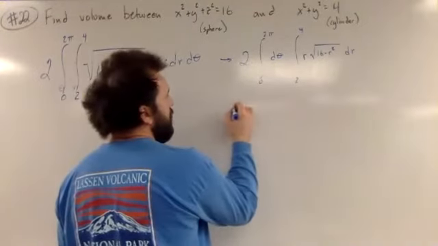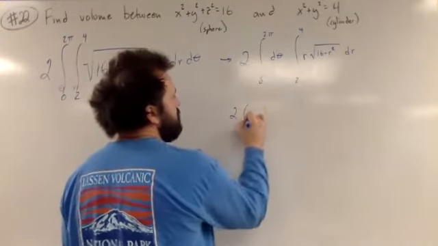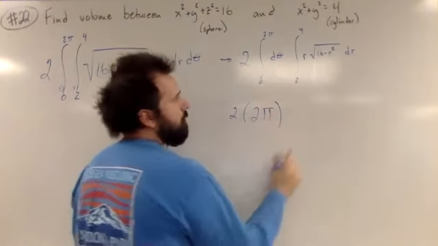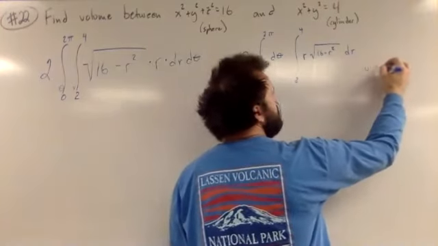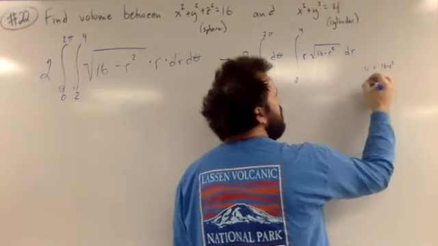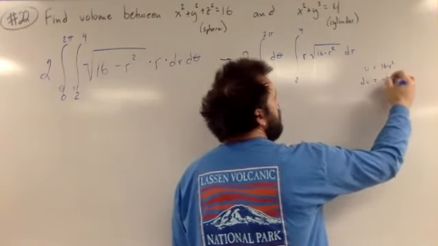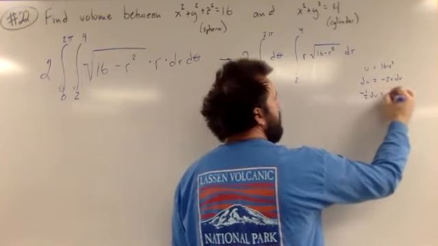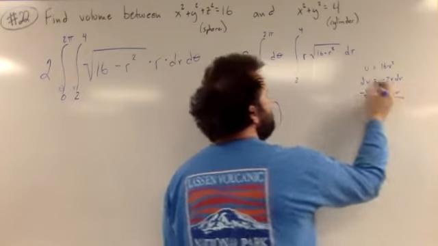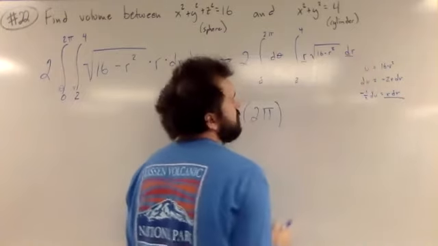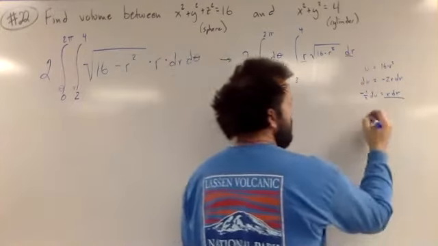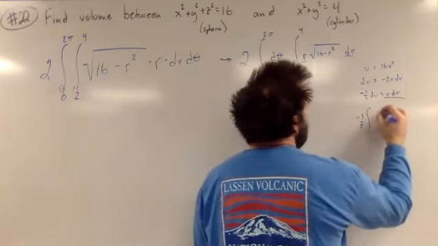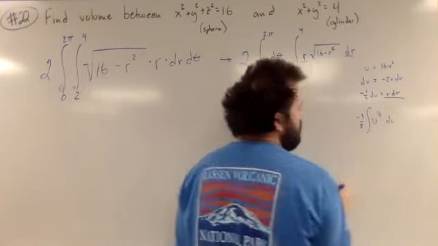I simplify. This is going to be 2 times 2 pi. Let's see what happens here. I'm going to do a u substitution. That u substitution gives me what I want. I can replace this, so that's going to be the integral of -1/2 u to the 1/2 du.